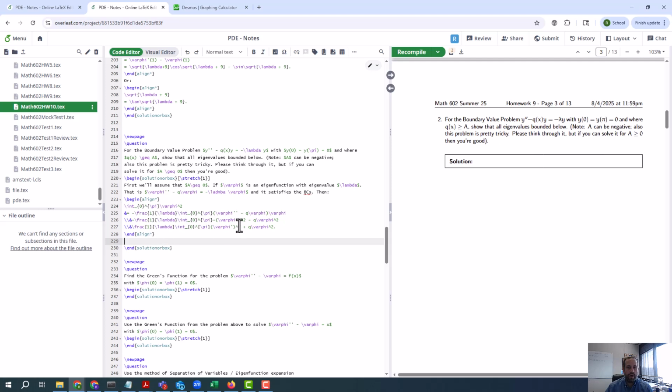What do we know is going on here? The left-hand side of this is positive. Well, I'm going to just leave it like this. The left-hand side is positive since it is integrating a non-negative function.